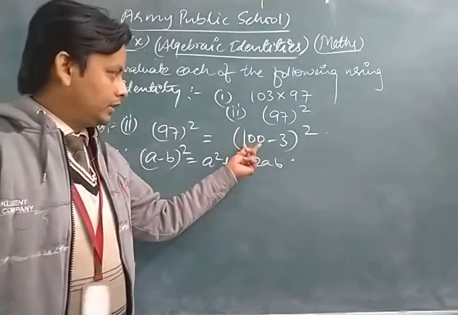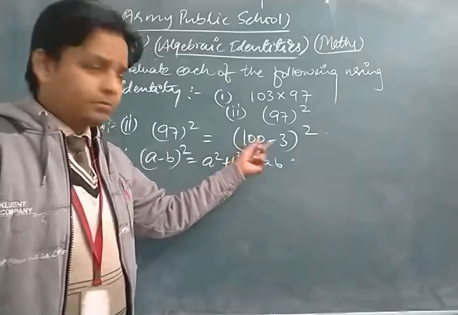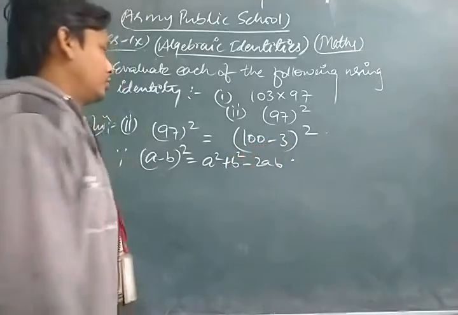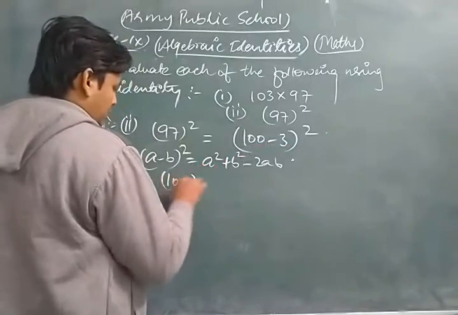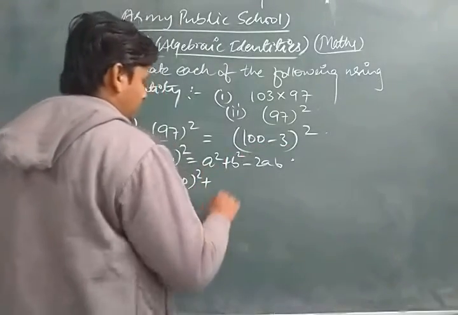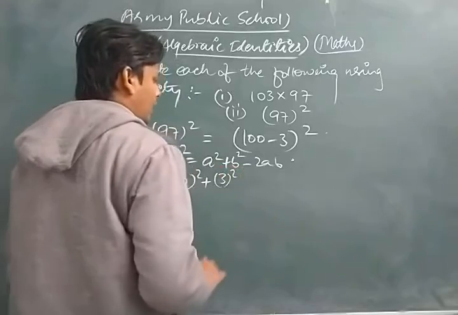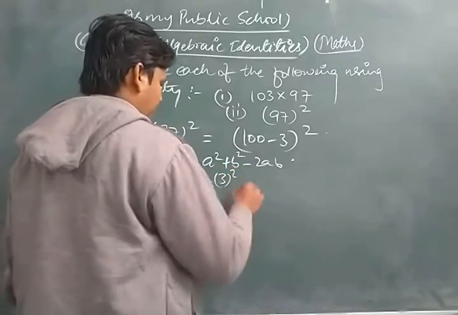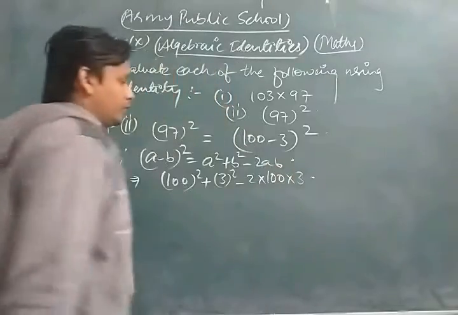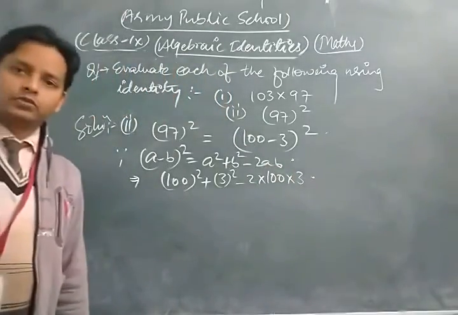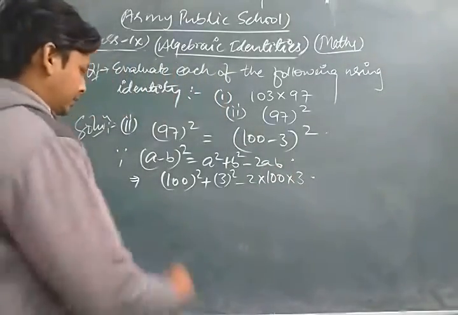So similarly here the value of a is 100 and the value of b is 3. So now we can write a square plus b square minus 2ab, that is 100 square plus 3 square minus 2 into 100 into 3. Now we just simplify it.